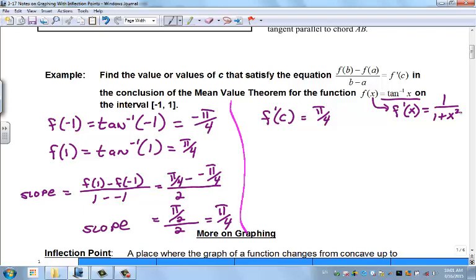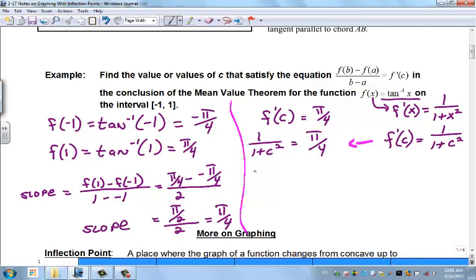So f prime of c is equal to 1 over 1 plus c squared. Now let's put that into our equation. So 1 over 1 plus c squared is equal to pi over 4. And then you just solve this.